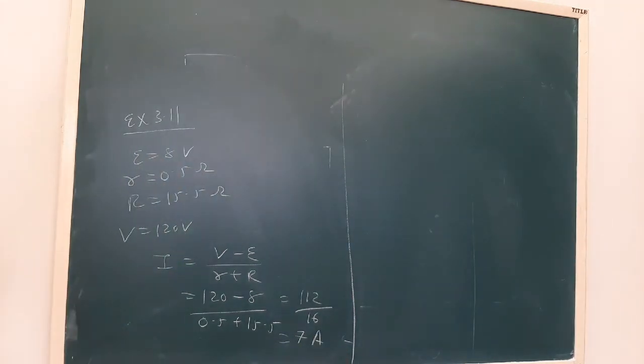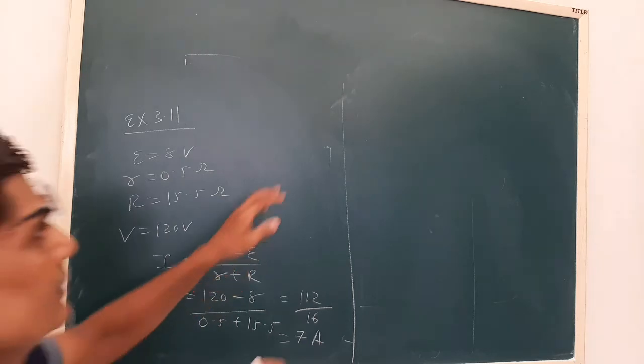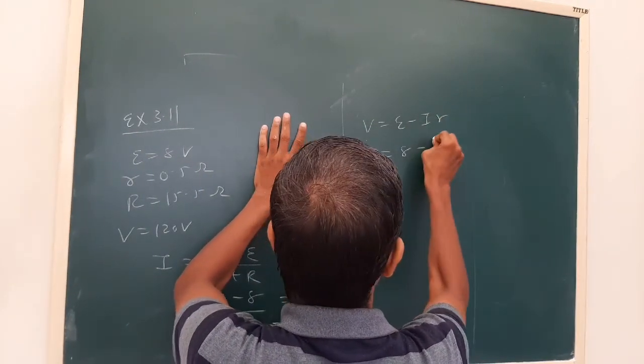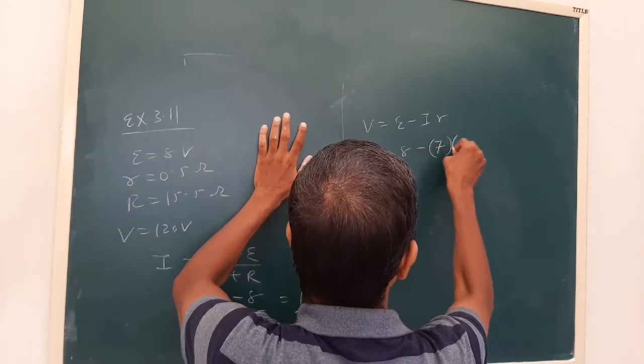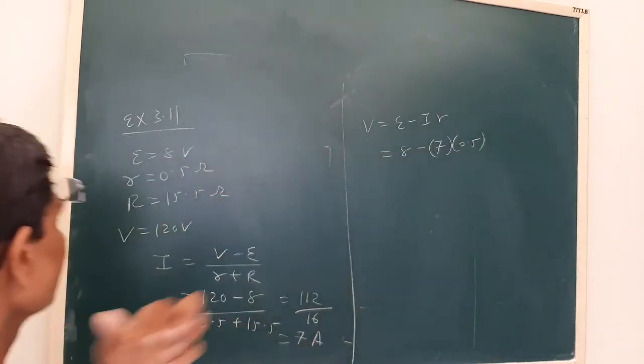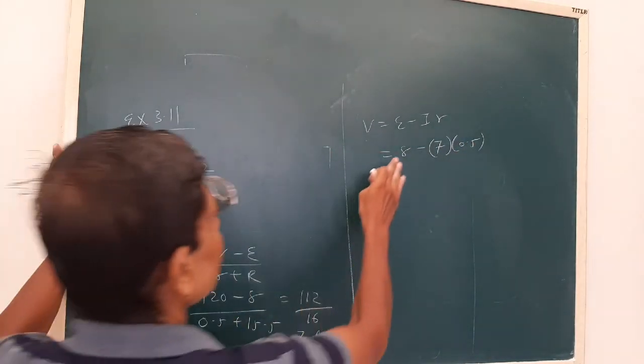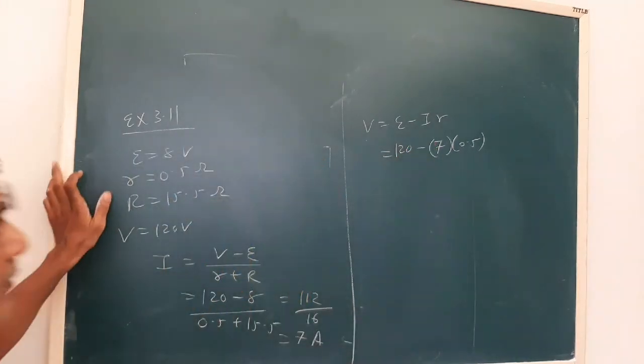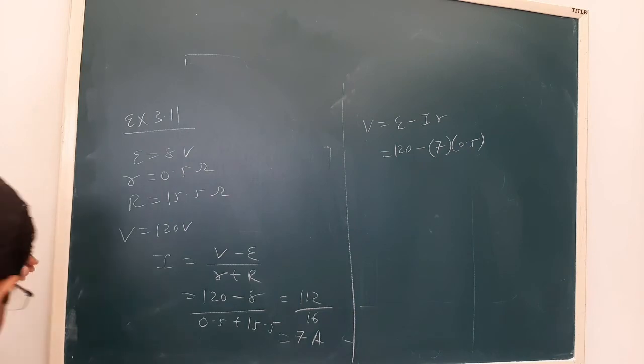Now see the terminal voltage. We have seen earlier V is equal to E minus Ir. E is 8, I is 7. V is equal to E minus Ir.